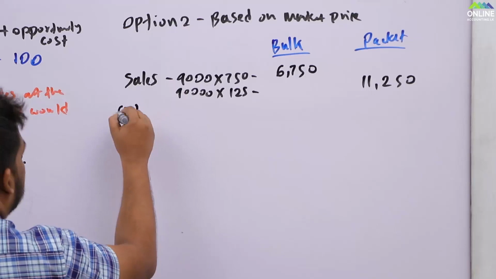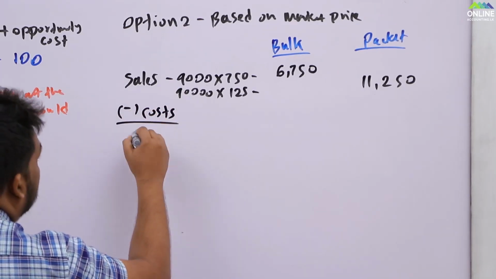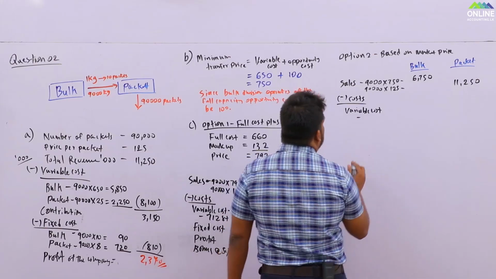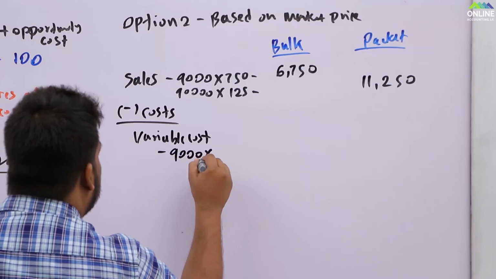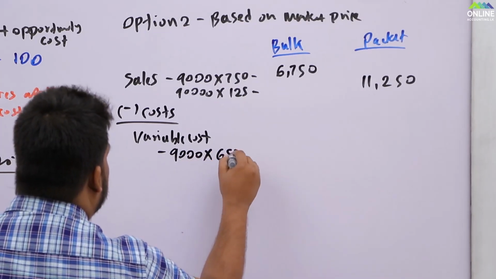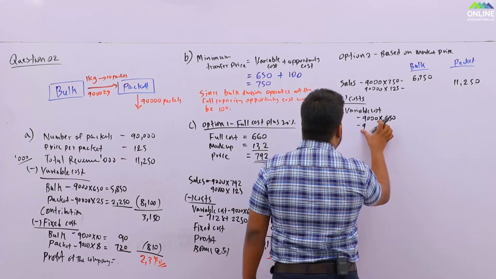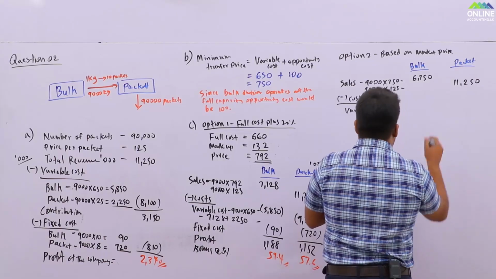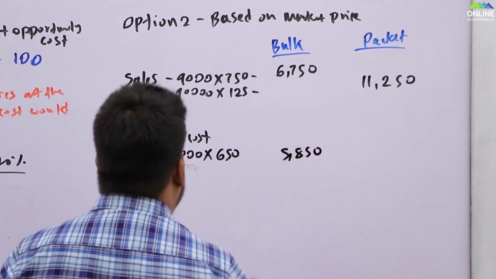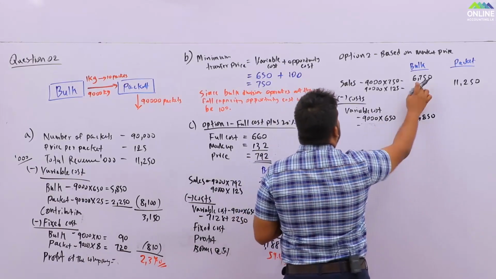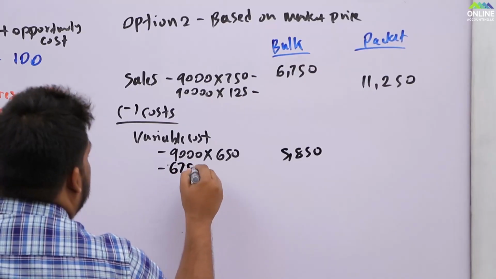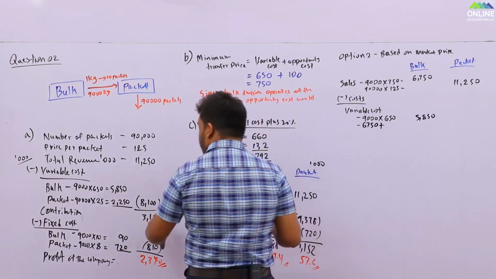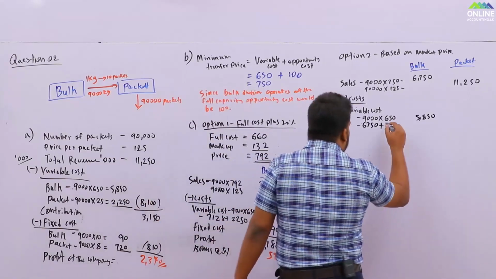And minus costs, variable cost: 9,000 at 650, and here 9,000 into 650, the same old cost, and they are purchasing for this much now. 6,750 plus the variable cost of them, that is 2,250.